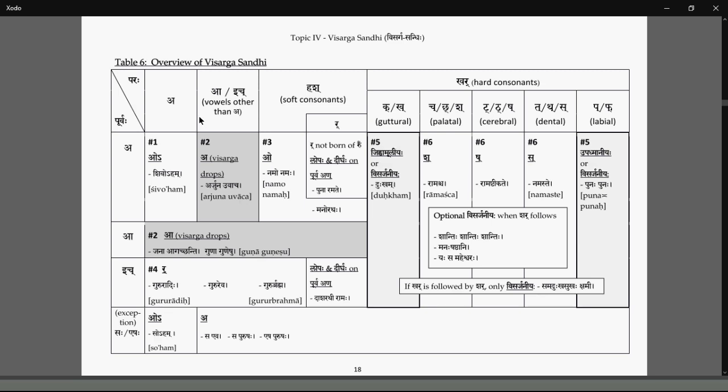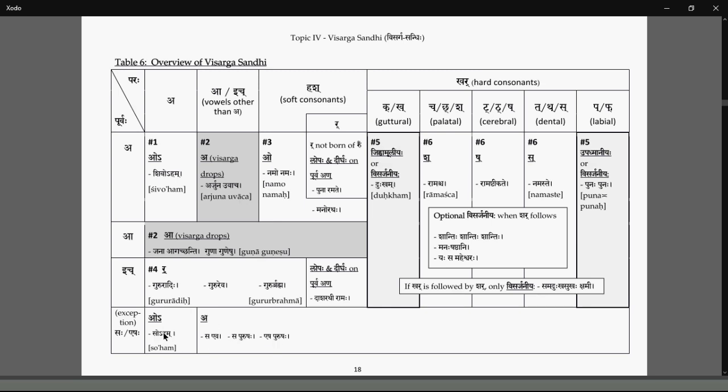But whenever Akara follows, that's the only case. Whenever anything except Akara follows, then there is a Visarga Lopa. Saha Eva will become Sa Eva. Saha Purusha will become Sa Purusha. Eshaha Purusha will become Esha Purusha.